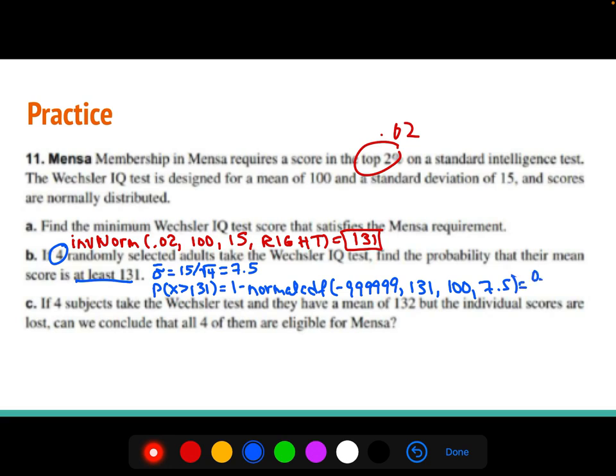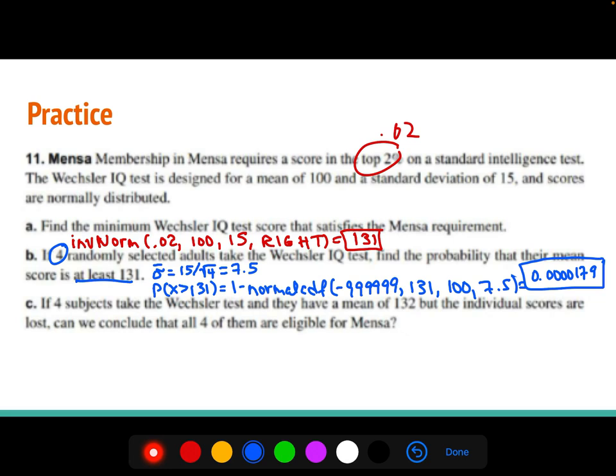Forgot that it changed. And we get 0.0000179. So we don't have very many. We select 4 of them, find the probability that their mean score is greater than 131. That's not very many people that's going to do that.